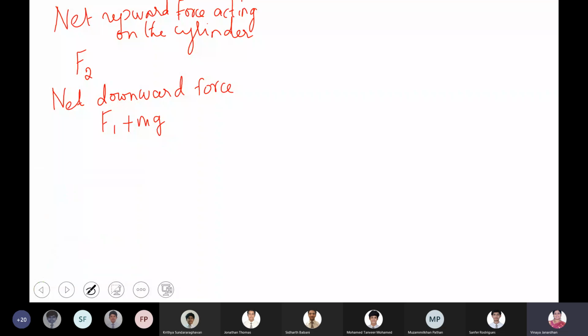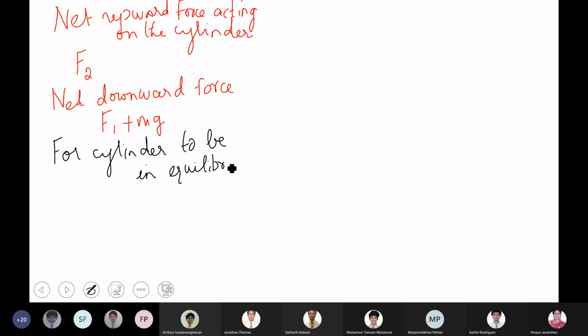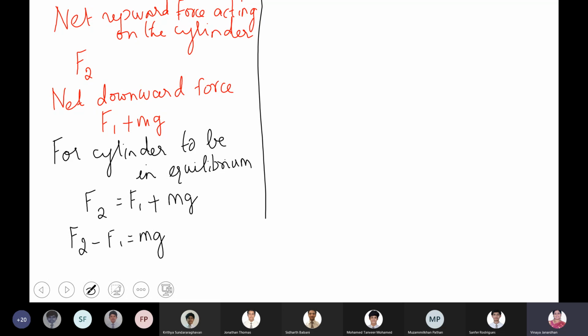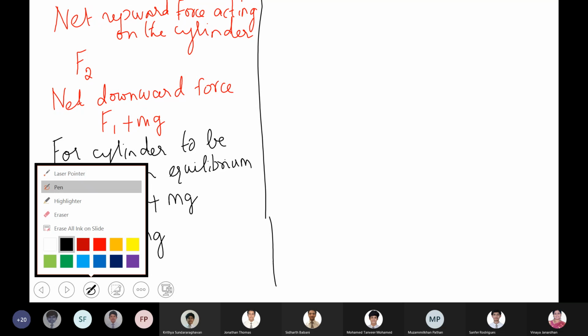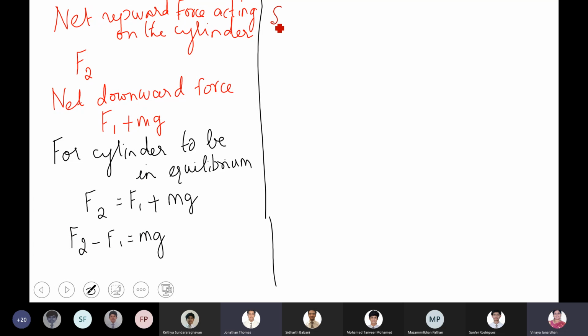For the liquid cylinder to be in equilibrium, F2 must be equal to F1 plus M into G. So F2 minus F1 is equal to M into G. Now how will I write it?